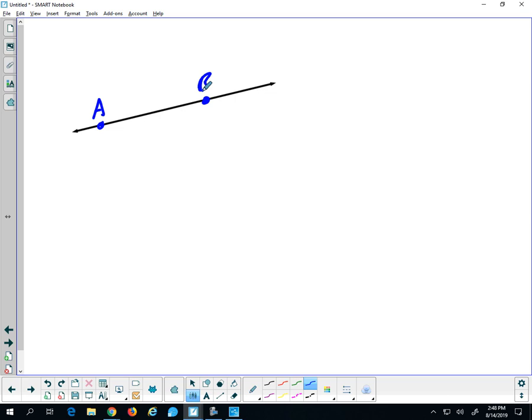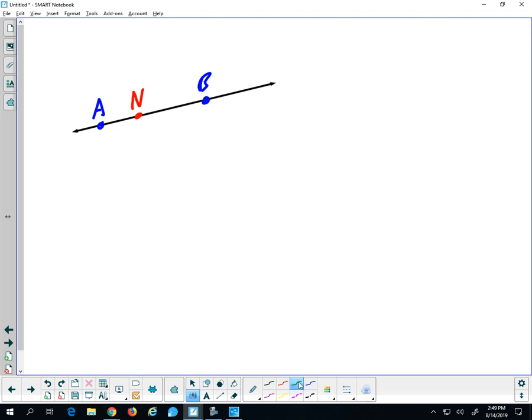Now when we talk about betweenness, let's put a point right here. So is point N between points A and B? And the answer is yes. It's on the same line that connects A and B, and it's between points A and B.